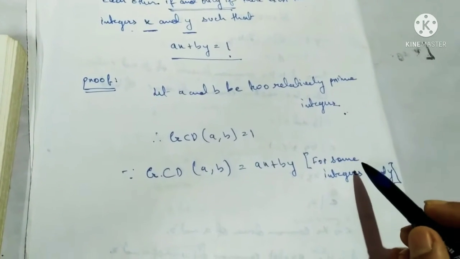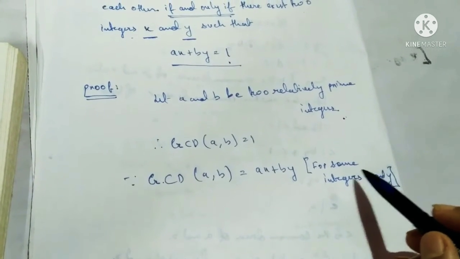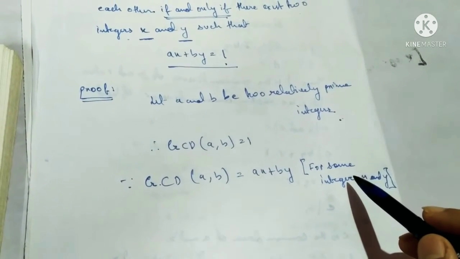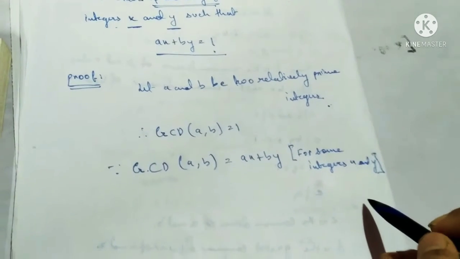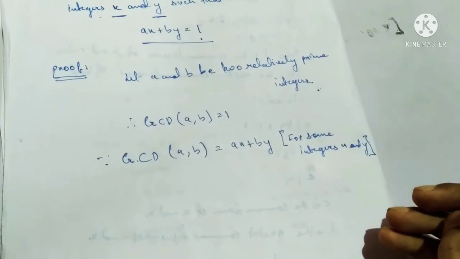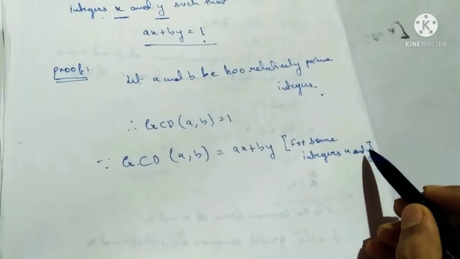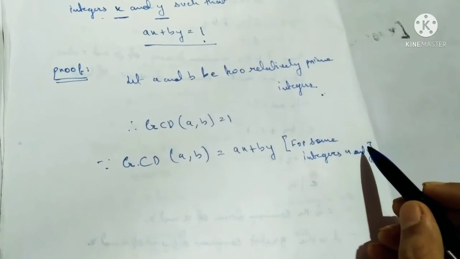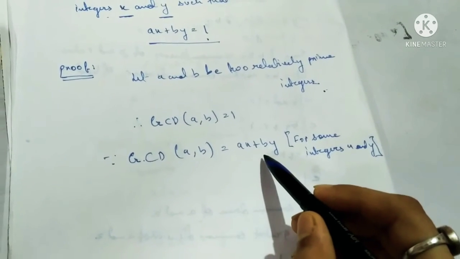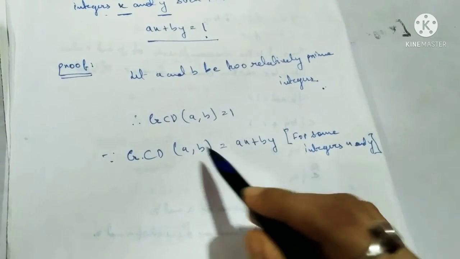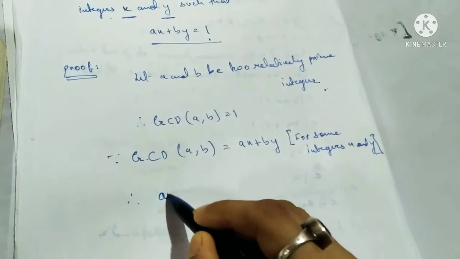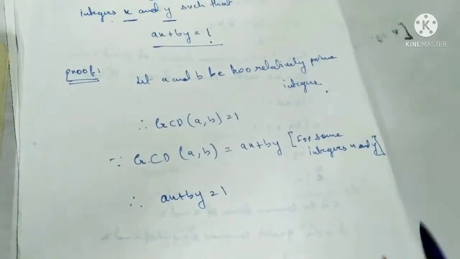Two integers a and b, at least one of which is non-zero, there exist integers x and y such that GCD of A and B is equal to ax plus by. So GCD of A and B is 1, therefore ax plus by is equal to 1.